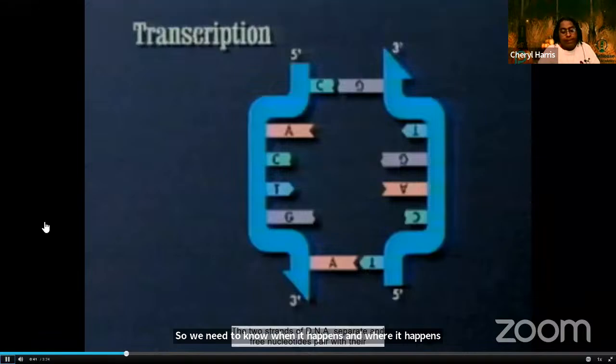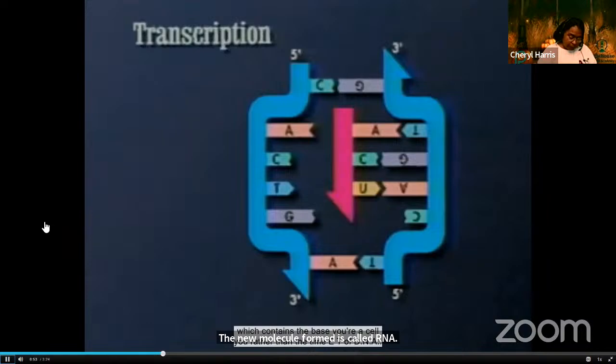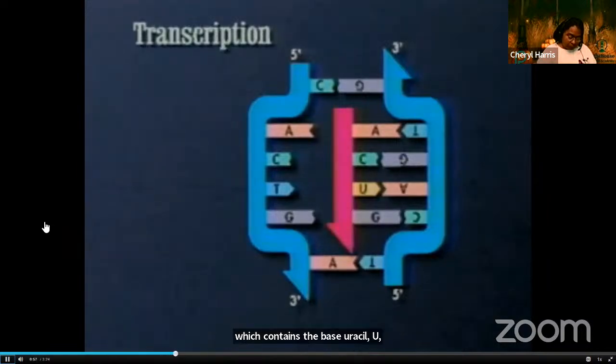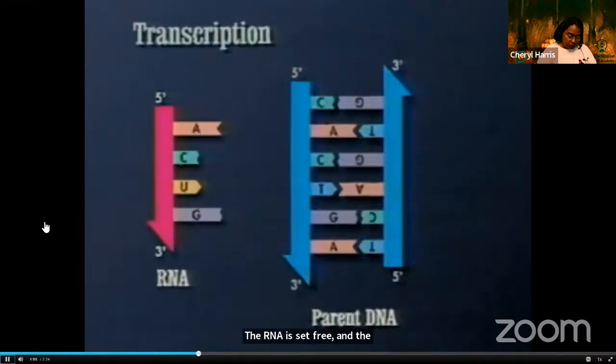The 2 strands of DNA separate, and free nucleotides pair with their complementary DNA bases. The new molecule formed is called RNA, which contains the base uracil, U, rather than the thymine, T, of DNA. The RNA is set free, and the DNA ladder zips up again.